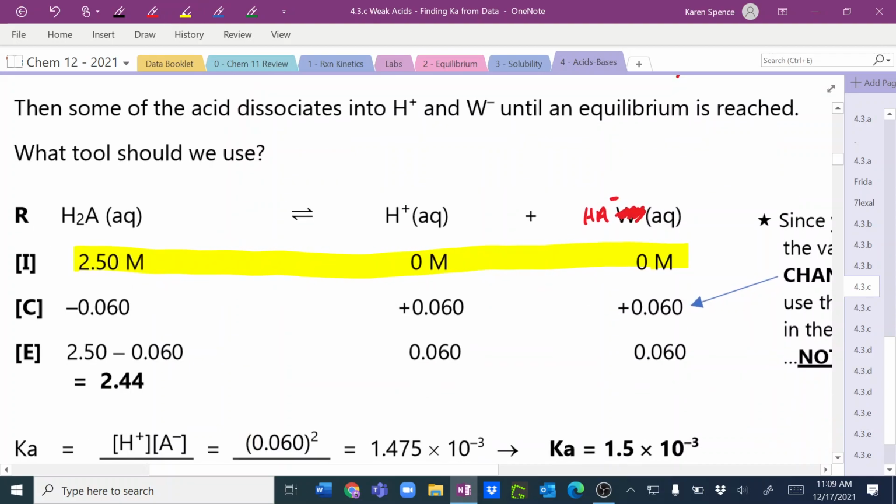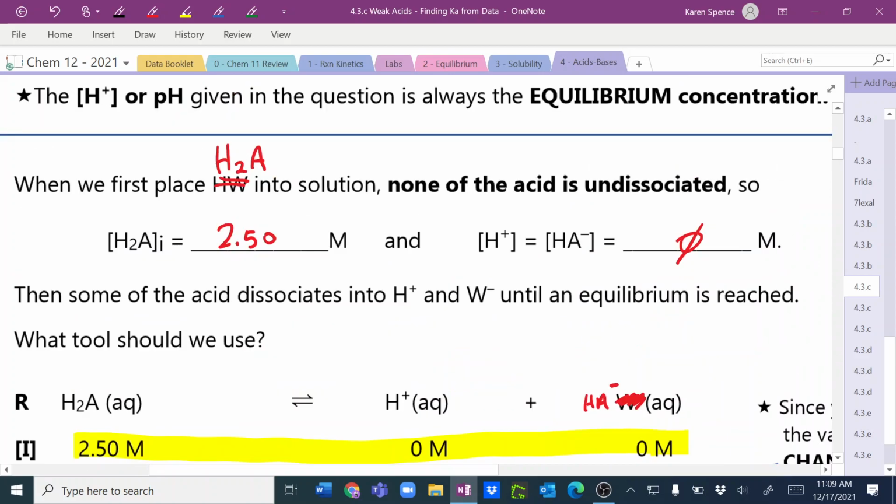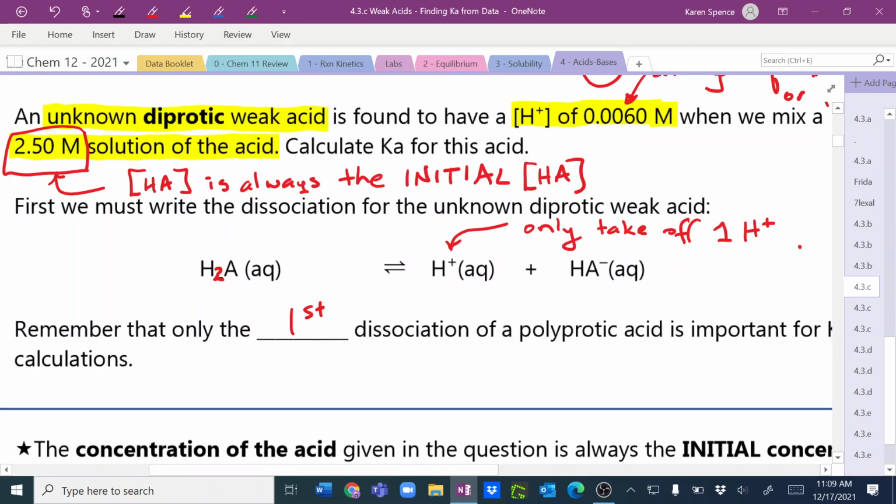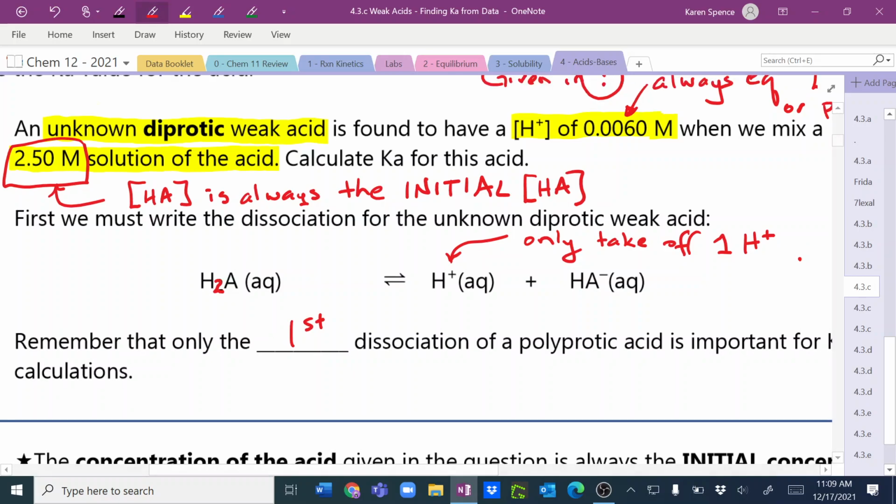And we are told that the equilibrium concentration of hydrogen is 0.0060 molar.